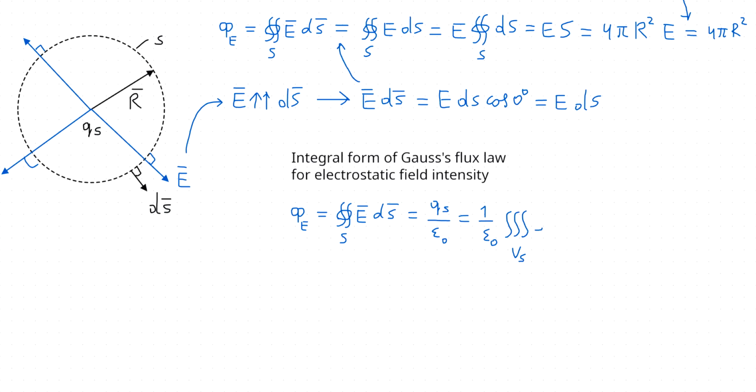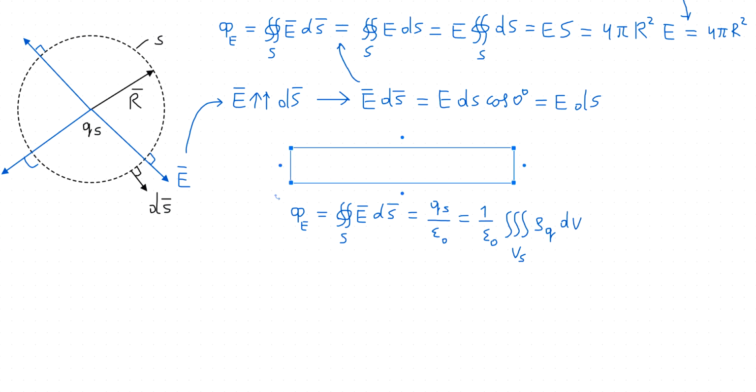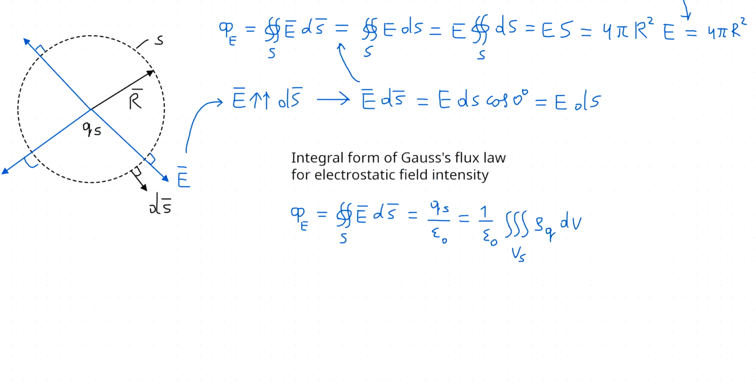Rho Q is charge density, and differential dV.